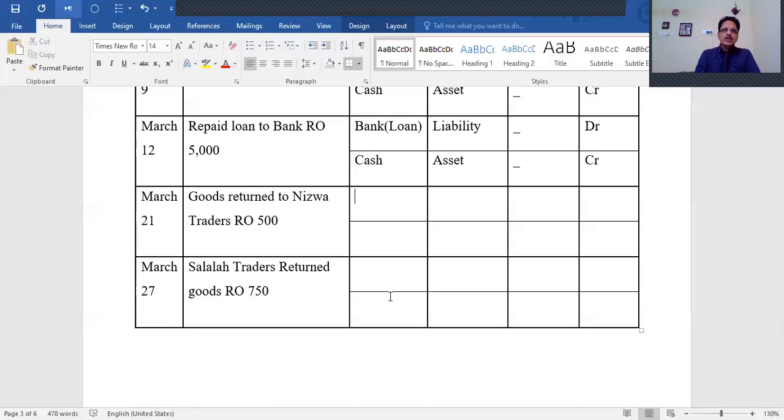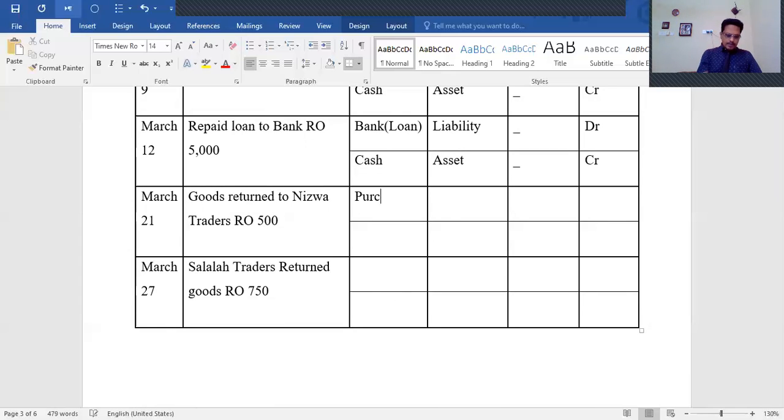Anyhow, goods returned to Nizwa traders. Goods return to Nizwa traders means you bought goods before, now you return them. It is a purchase return. So you have to write two accounts.